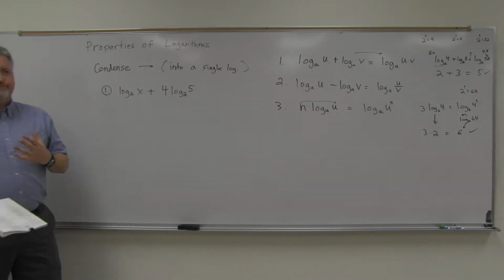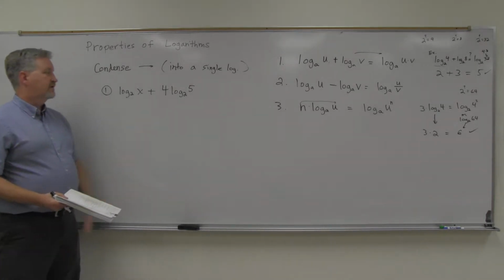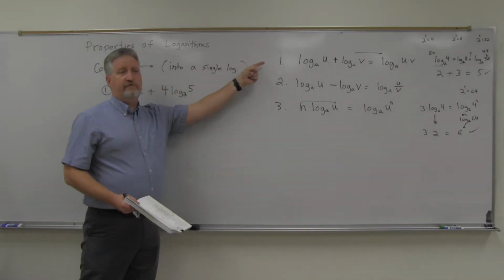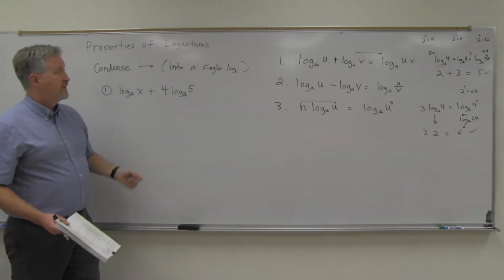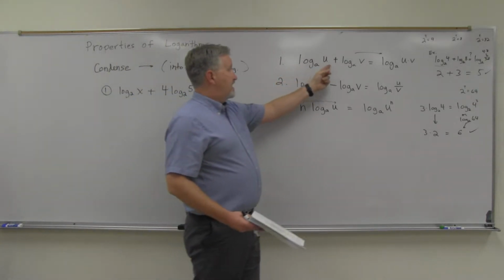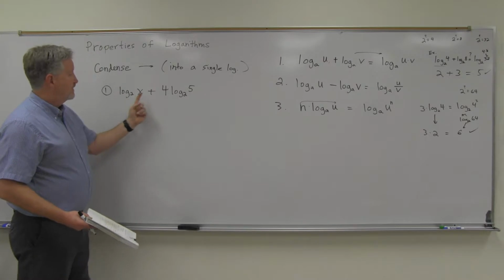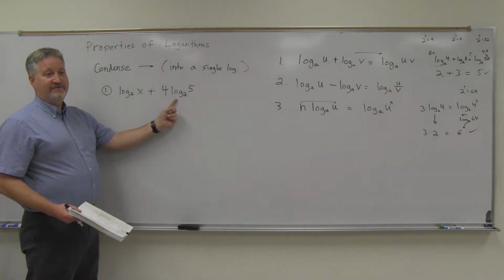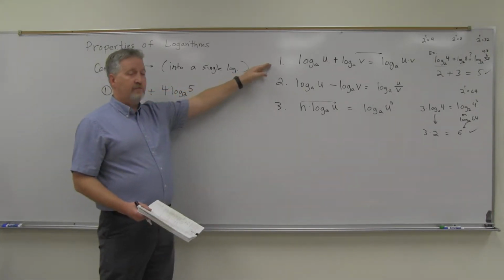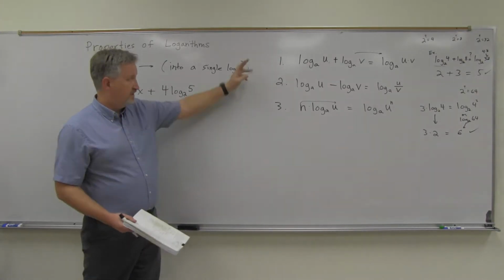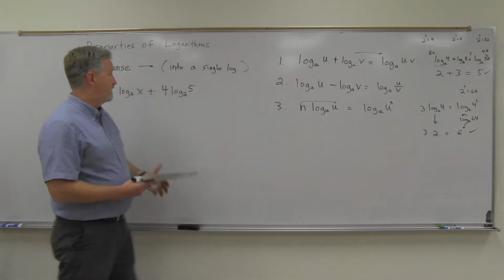Now the problem is it's not quite in the proper form for property number 1, because that says log base a plus log base a. This is log base 2 plus 4 times log base 2. So before I can use property 1, I'm going to have to use property 3 first, to get it into property 1 format.